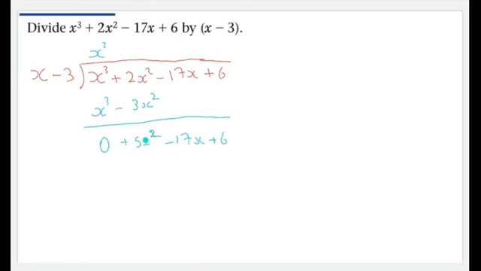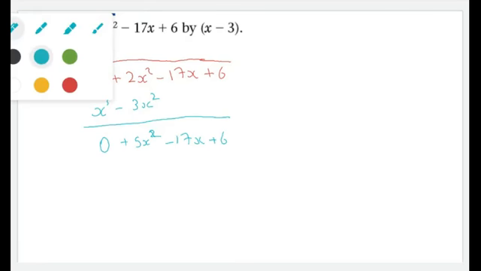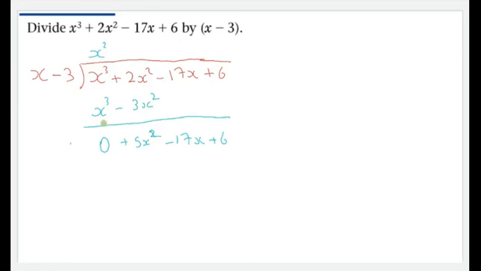And then we go again. Now we've got the remainder. We now ask ourselves, okay, x into 5x squared, or x times what gives you 5x squared? 5x. So we now put 5x at the top, and then we go again. So we've got 5x multiplied by x, which is 5x squared, and then 5x multiplied by minus 3, which is minus 15x.